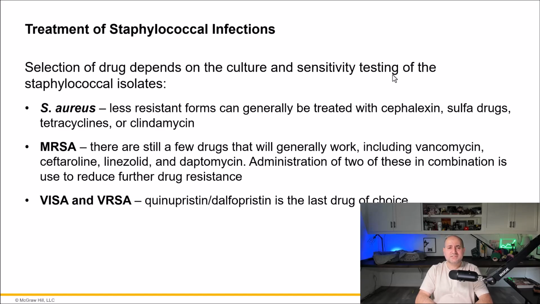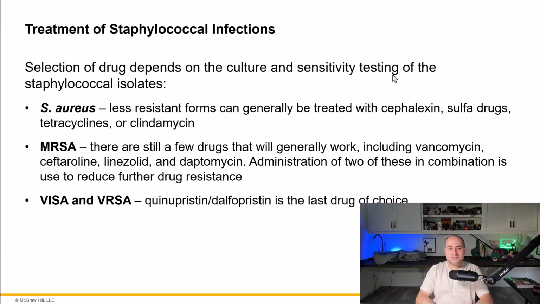The less resistant forms of Staph aureus can generally be treated with cephalexin, sulfa drugs, tetracyclines, and clindamycin. MRSA, on the other hand, there are still a few drugs that will generally work, including vancomycin, ceftaroline, linezolid, and daptomycin.